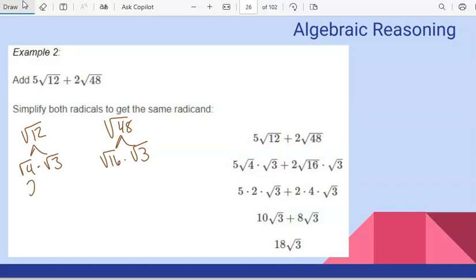Square root of 4 is 2, and then we have square root of 3. This one is 4 square root of 3. Now they have the same radicand. They're both 3's. So then we have 10 square root 3 plus 8 square root 3. That's 18 square root 3.